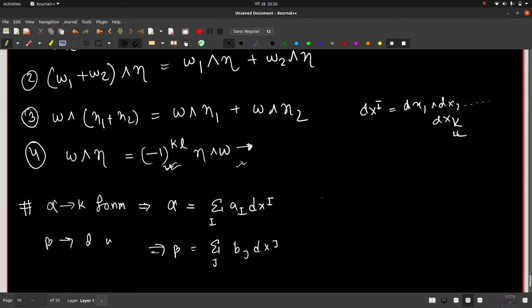Then alpha wedged with beta will be just the sum over I, J of a_I b_J dx_I wedge dx_J, something like this. That's the reason we are calling it simplifying, because all of these dx capital I and dx capital J will contain actually k and L forms respectively. That means there are more dx's inside those things.